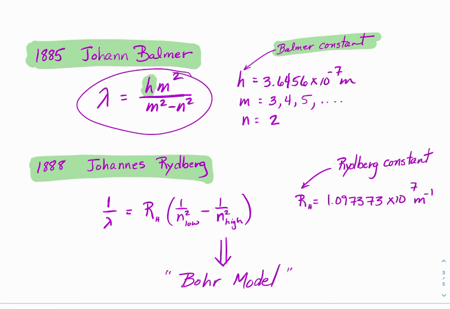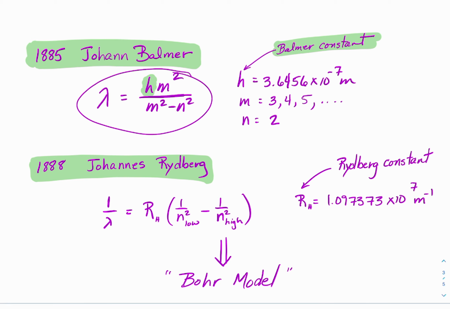Now, Balmer's constant is 3.6456 times 10 to the minus 7 meters. And the m and n refer to different quantized levels that Max Planck had suggested, and Albert Einstein had even used with his photoelectric effect paradox explanation.